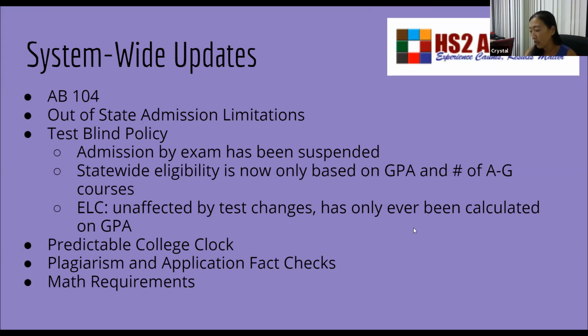Next thing that's mentioned is the predictable college cost, which actually just means a flat rate tuition. So when your students enter freshman year at any UC, they're going to be told a tuition rate. In the past, these tuition rates have gone up every year that a student has been in attendance.